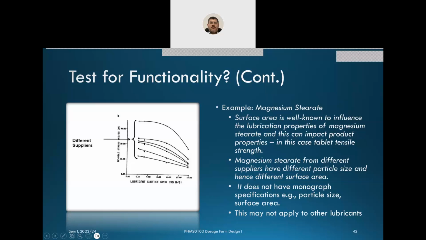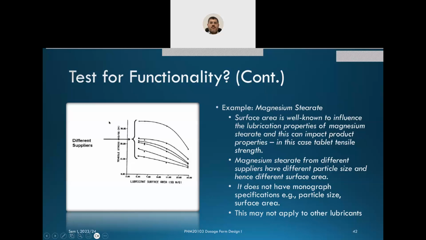However, from my research, I found that it is an important attribute, and I have to study it for magnesium stearate. Okay, so do I need to study the surface area of all the lubricants? If I use a different lubricant, do I need to characterize it in terms of surface area? No, because it doesn't apply to other lubricants. This characteristic is only in magnesium stearate.